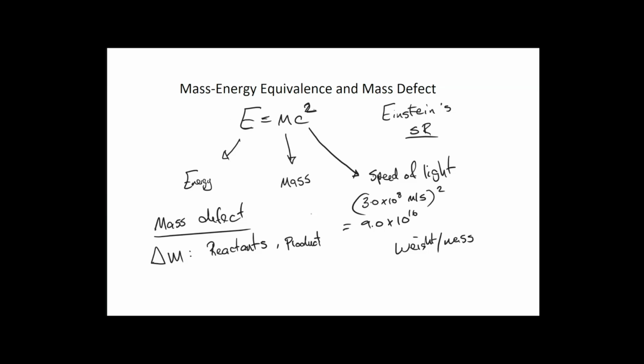And because c squared is such a huge, huge number, a really, really small change in mass is going to result in a really, really huge amount of energy released.